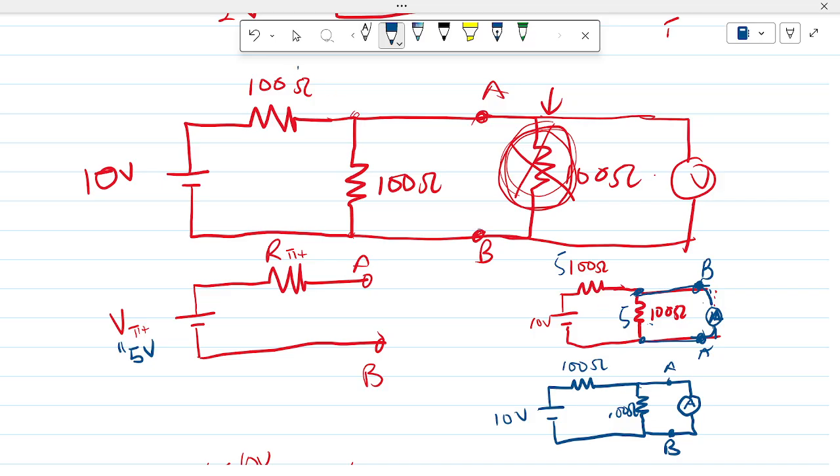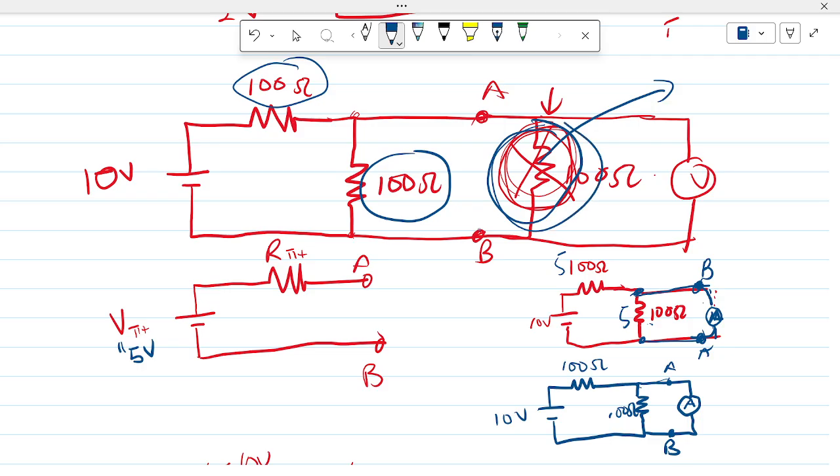So mind you, these are the 200 ohms in question. This has been taken out. We want to eventually find the current through the third 100 ohm. Okay, so we want to use our ammeter to find the current that will flow through that node we left behind after we took out our resistor.